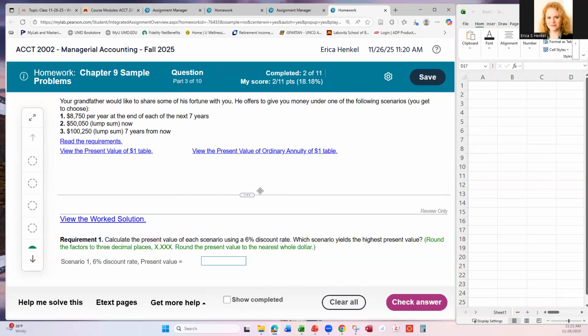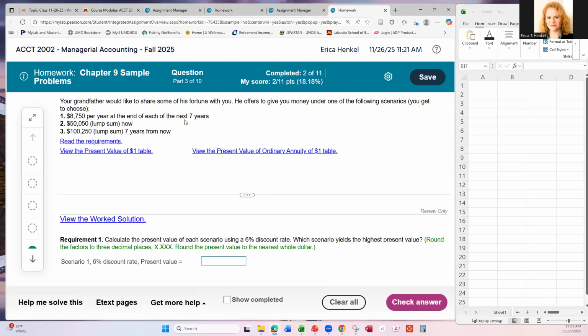Okay, so calculate the present value of each scenario using a 6% discount rate. So essentially what we're doing here is figuring out what this is worth today if I believe that I can get a 6% return on funds that I were to invest right now. The first one is $8,750 per year at the end of each of the next 7 years.